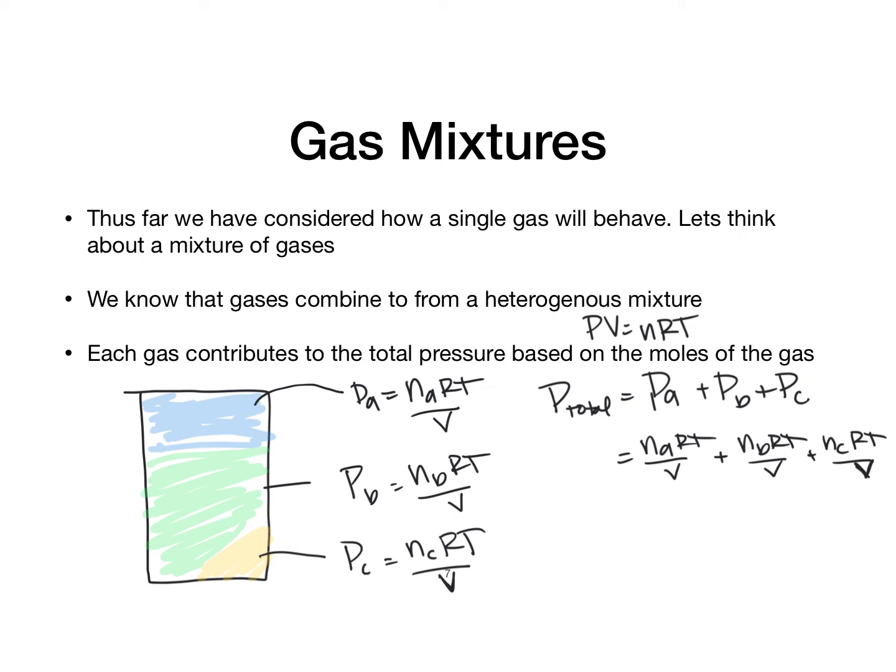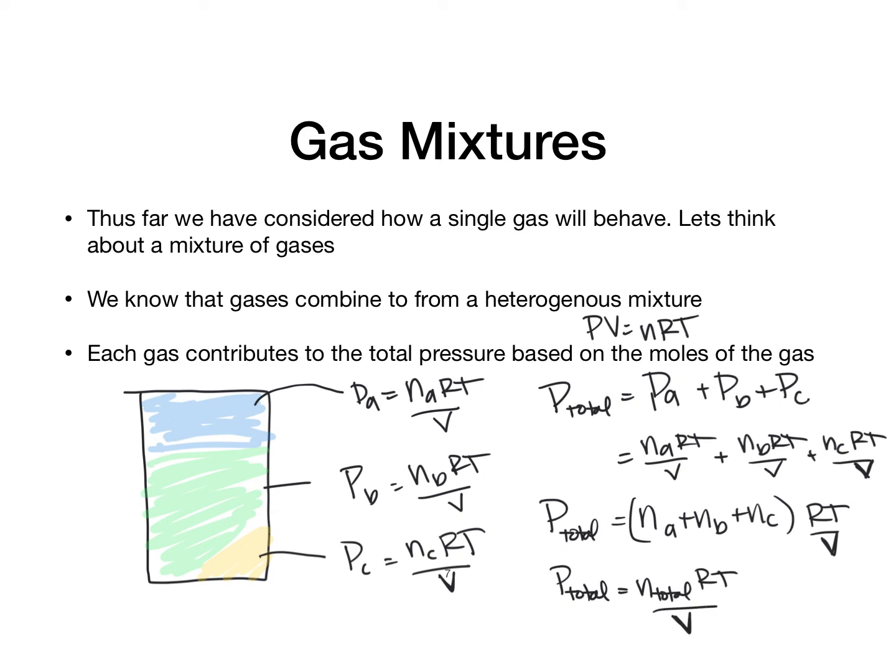So we could rewrite that where NA plus NB plus NC multiplied by RT over V is going to equal P total. We could also realize that P total is equal to N total times RT over V.